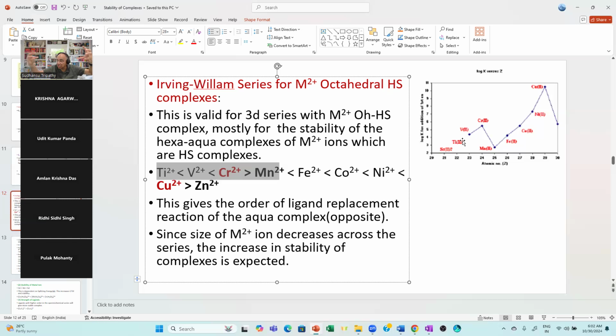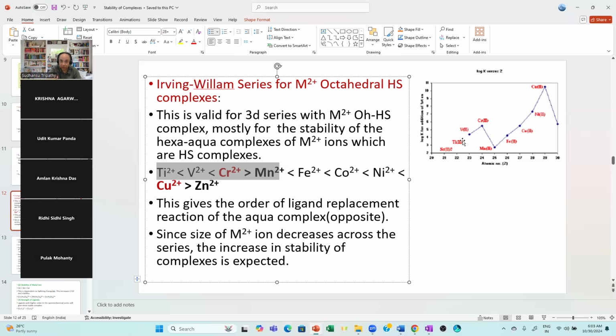Since size decreases, the polarizing power increases. The charge is constant and size decreases, so the charge density increases, and the stability of the complex will be more. But that is complicated by the crystal field stabilization, CFSE.